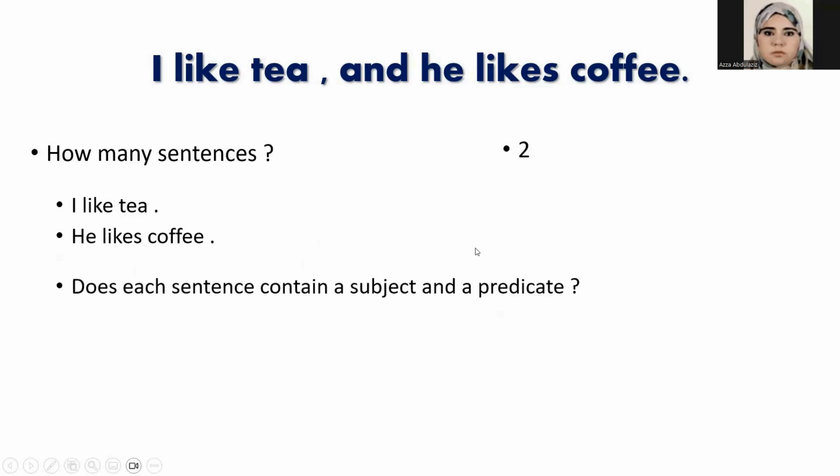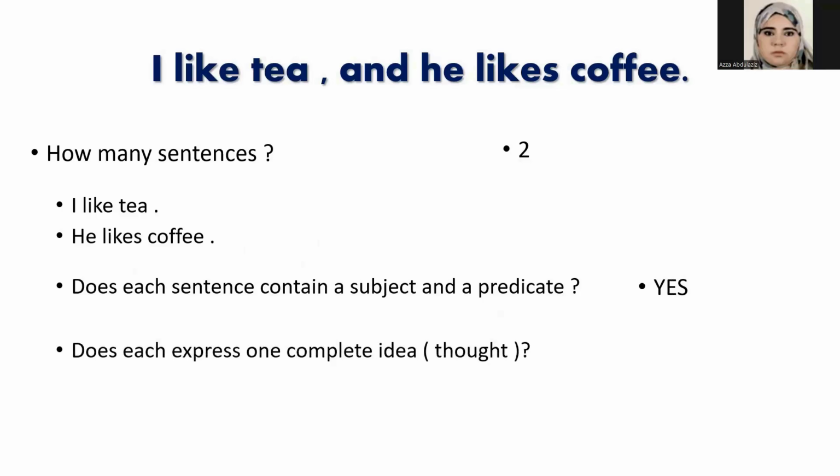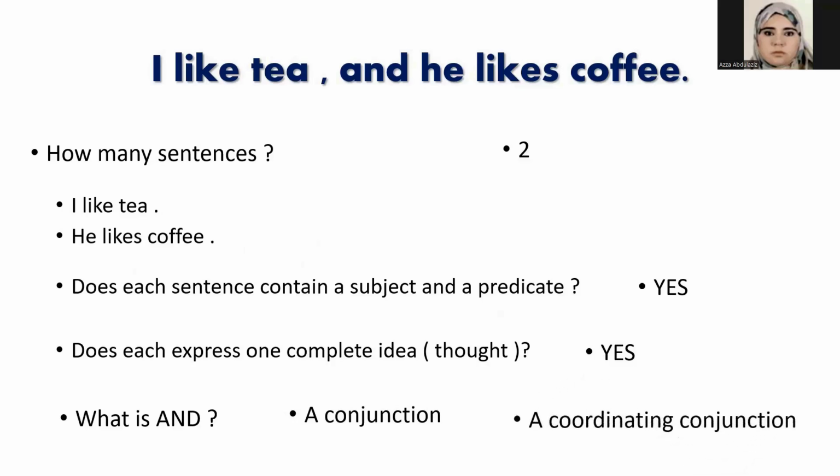Does each sentence contain a subject and a predicate? Sure, yes. And does each sentence express one complete idea or thought? Yeah. But what is and? It's a conjunction. And what type of conjunction is it? Good, it's a coordinating conjunction.